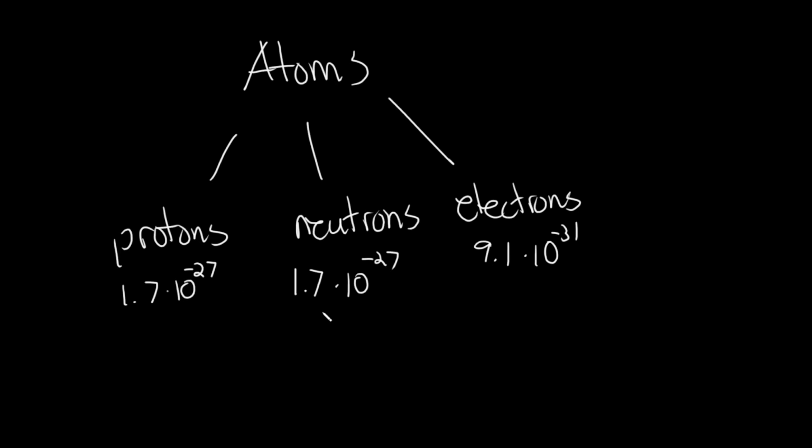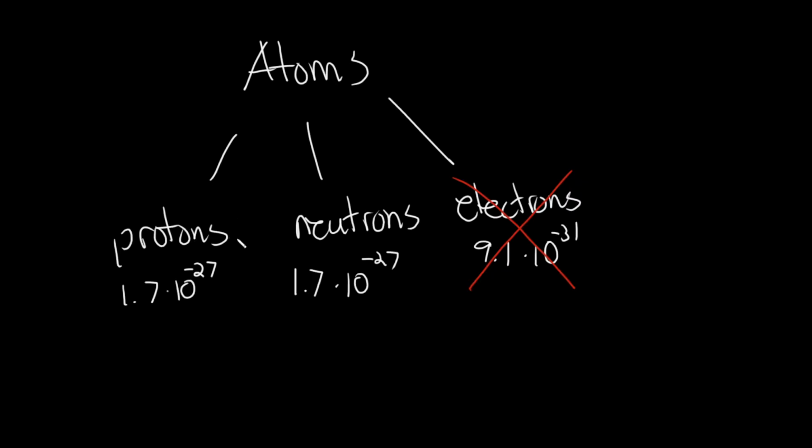And this means that you need 1000 electrons to get the same mass as a proton or neutron. And since this doesn't happen in chemistry when it comes to atoms, we just say that we don't care about electrons when relating atoms to mass.